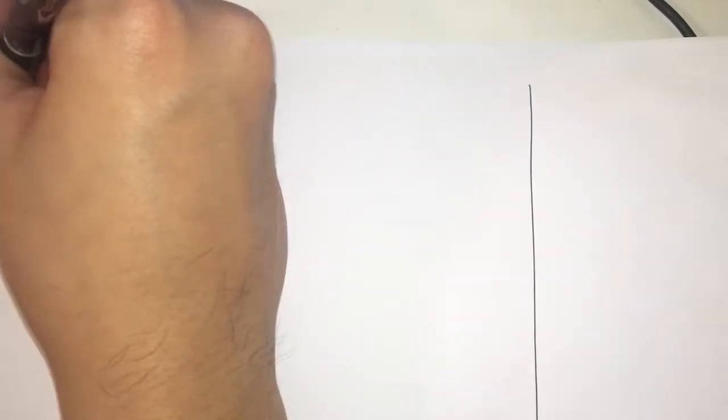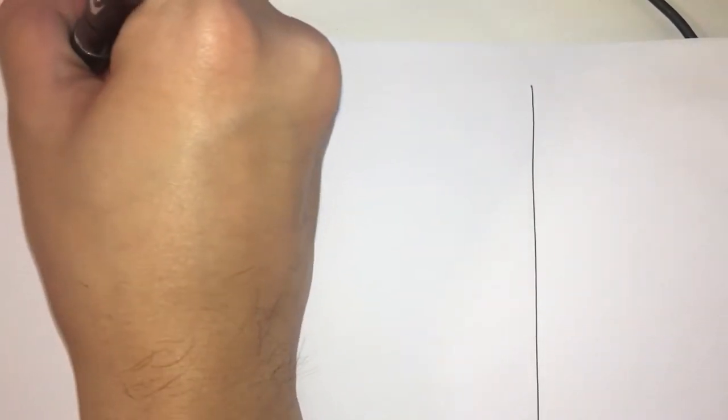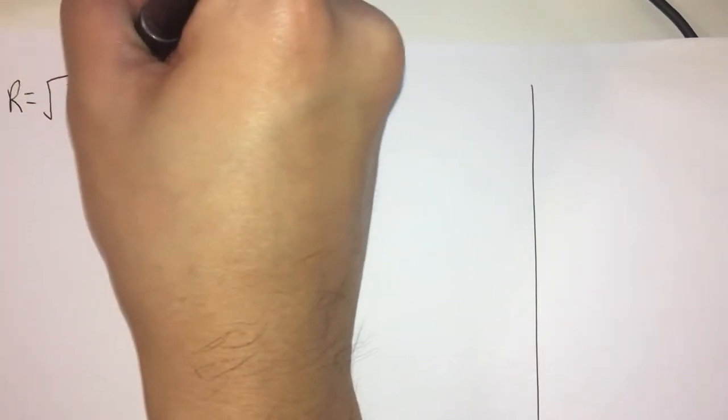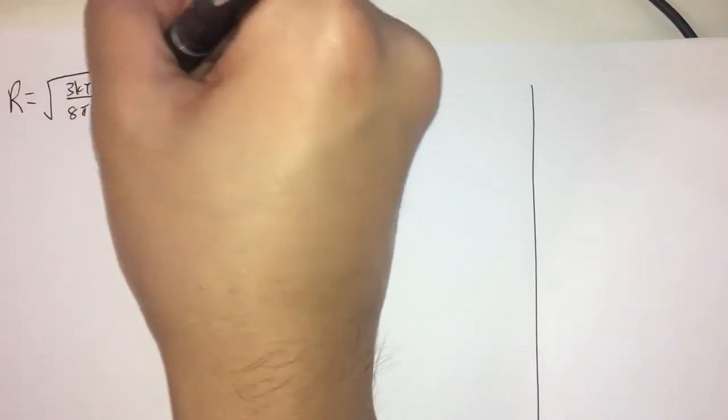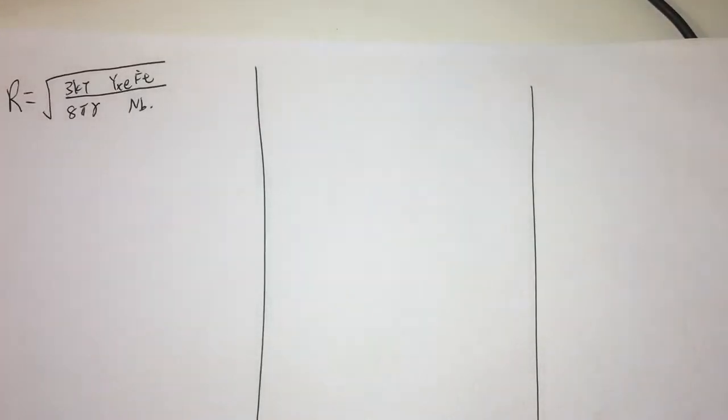Again, from the last part, we find that this is 3kT over 8 pi gamma, Y_Xe F t over the bubble number density.